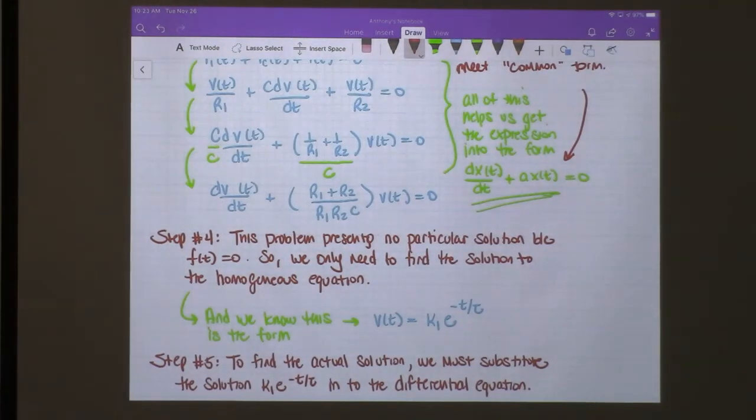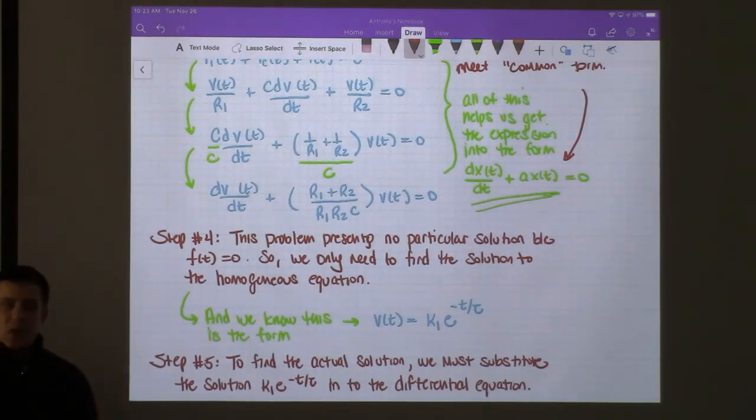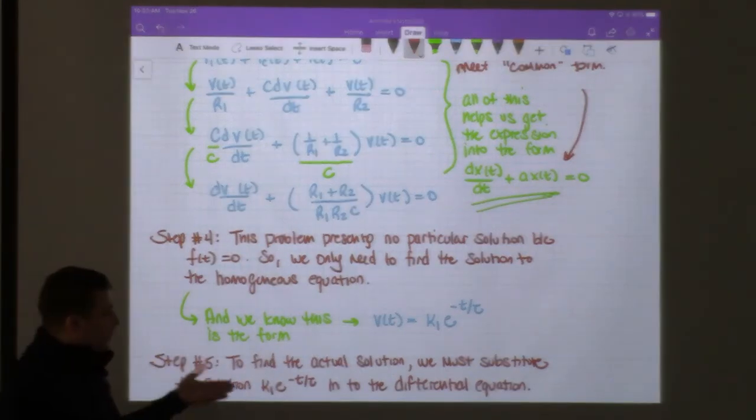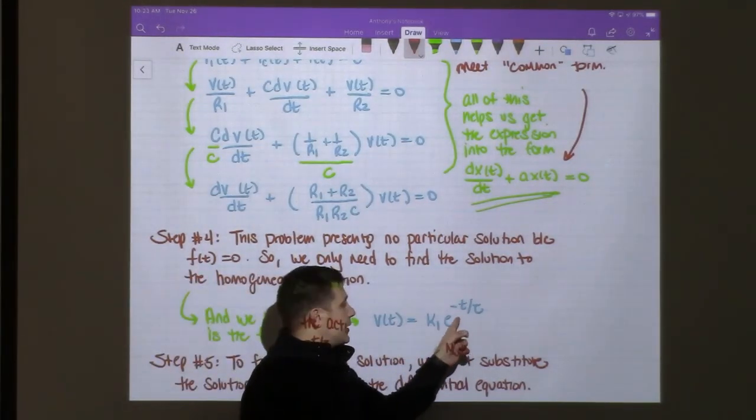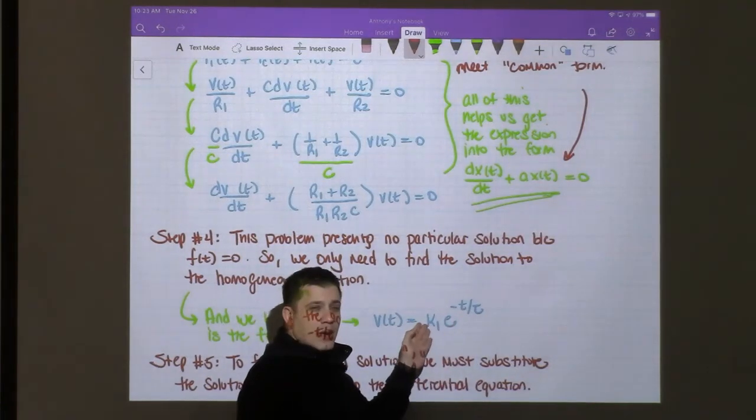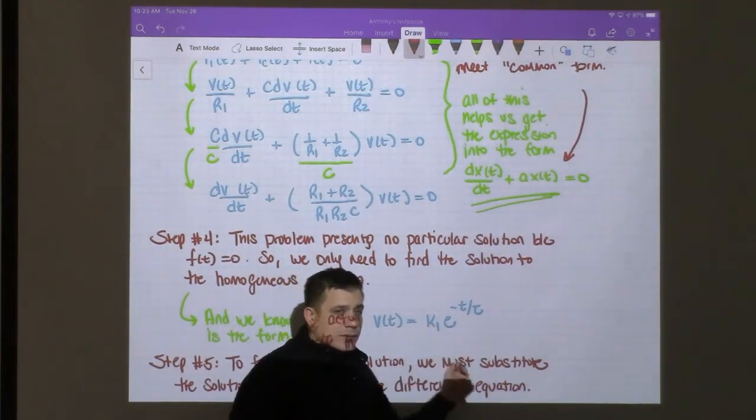So instead of saying x of t equals x sub c plus x sub p, which previously we called k1 plus k2 e to the negative t over tau, now there's only one part. And you know what?